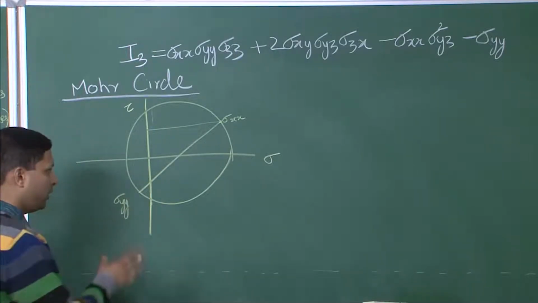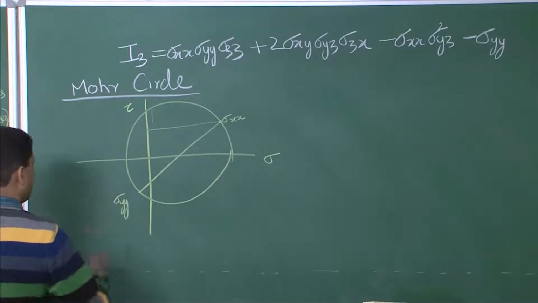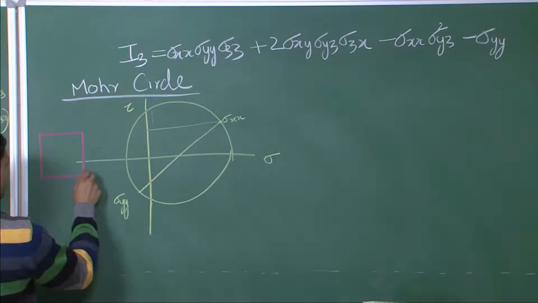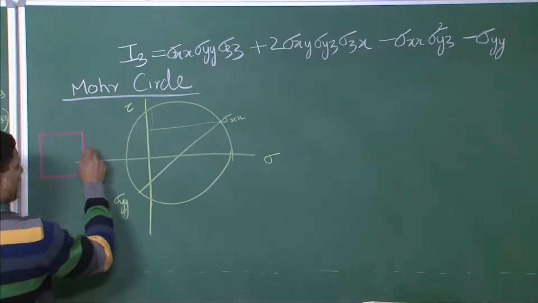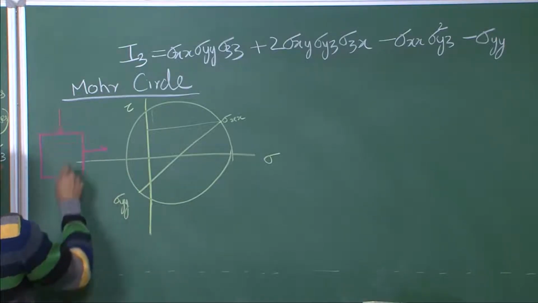Right now we are taking a 2-dimensional case. So, on the x axis positive is tensile and here we have compressive.